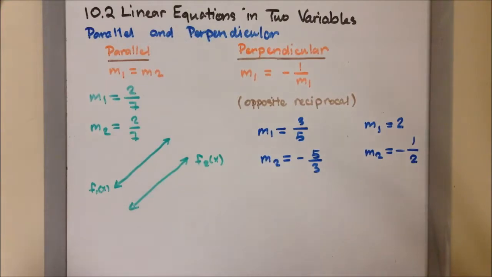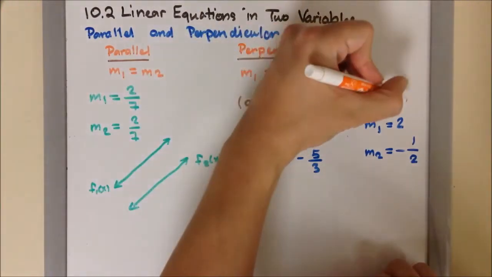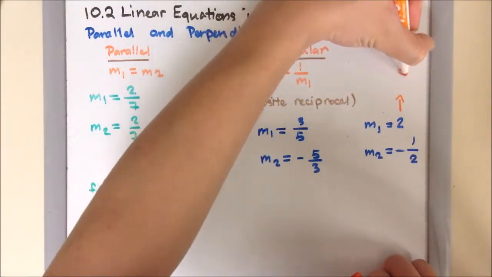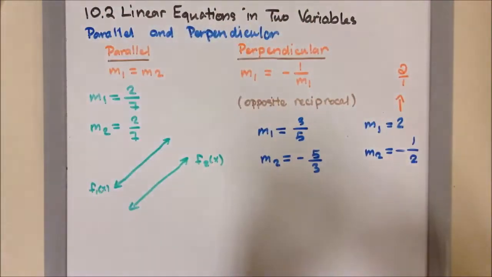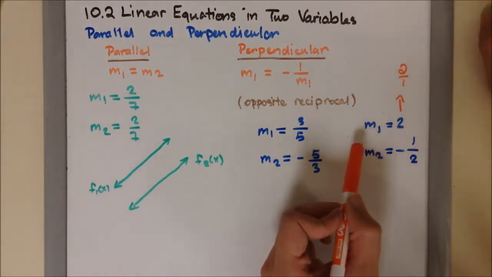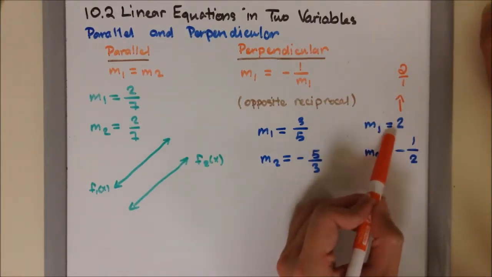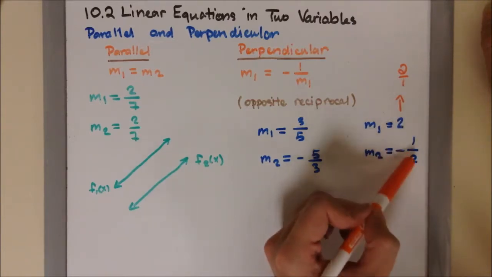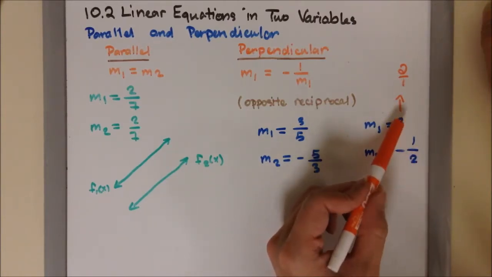Remember, to convert a whole number into a fraction, you just put the whole number over 1. So 2 over 1. That's how you convert a whole number into a fraction, and then you just take the reciprocal. You're going to flip it, which is 1 over 2. So again, if m sub 1 is 2, then m sub 2 is negative 1 over 2 in order for these two slopes to be perpendicular.